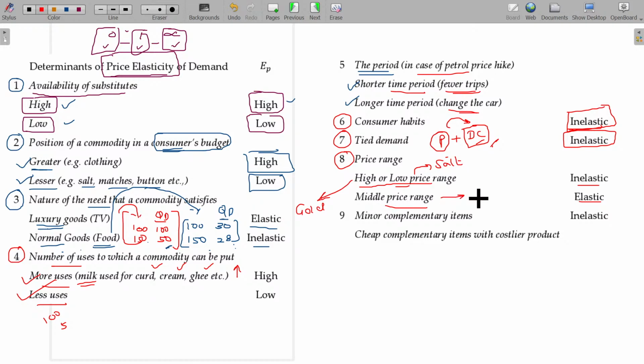Middle price range, fast moving consumer goods. The things that you usually consume month after month come under the middle price range. If rice or soap, which you consume regularly, shows some change in price, it immediately has an impact on the quantity demanded. If the rice price is offered at 50% discount, you start purchasing rice for 3 or 4 months today itself, right?